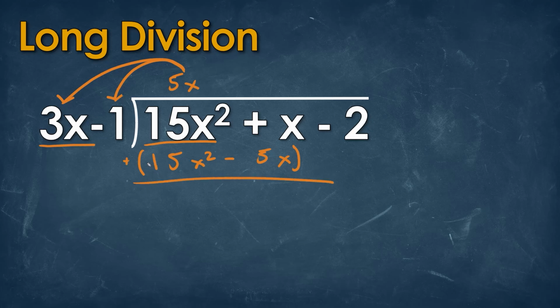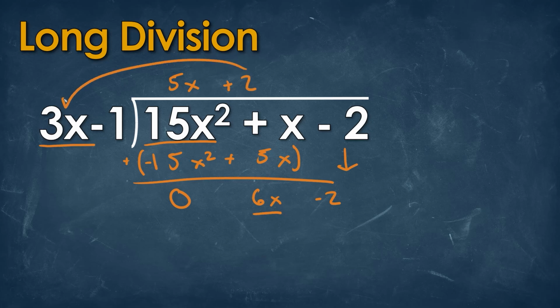Now that we have that, we're going to subtract. If we do subtraction, this will cancel out, it'll be 0. Then we have x plus 5x, that'll be 6x, and we bring down our 2 here. So now that we have 3x minus 1, and we have 6x minus 2, what do we multiply 3x by to get 6x? That would be 2, right? 2 times 3x will give us 6x. 2 times negative 1 will give us minus 2.